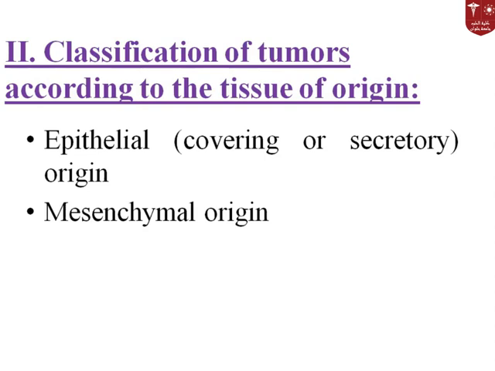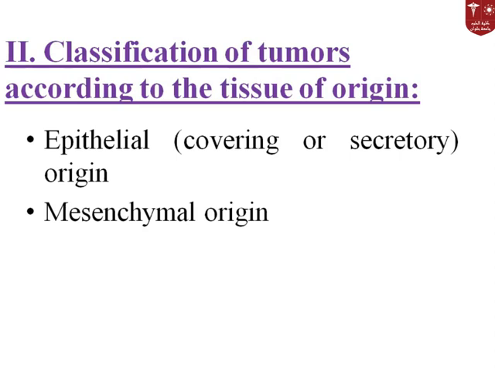Okay. Also, we mentioned that there is another classification. Some scientists classify tumors according to the tissue of origin, because some tumors arise from the epithelium. Epithelium is the cells that line or cover the body organs, like the skin, like the lining of the gastrointestinal tract.